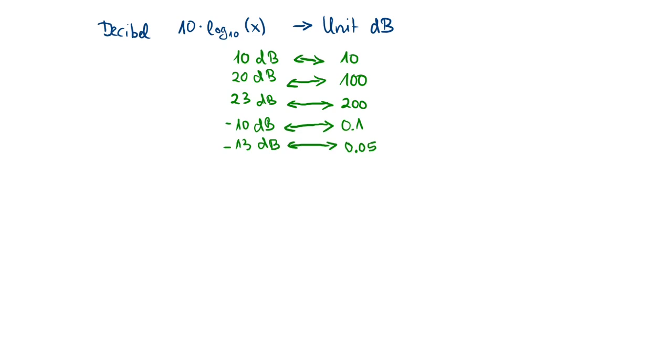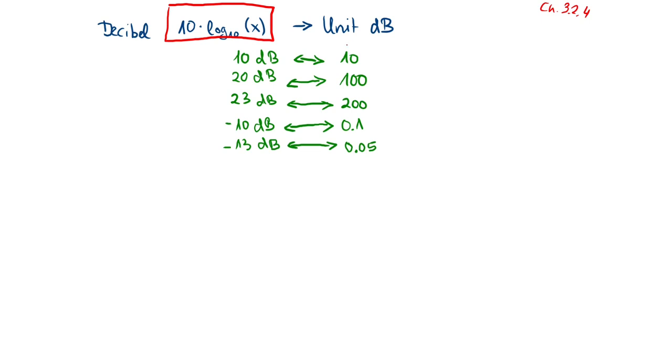So here are some examples. The decibel is calculated by this formula. You will find a more detailed explanation in the lecture notes, chapter 3.2.4. And here are some examples.